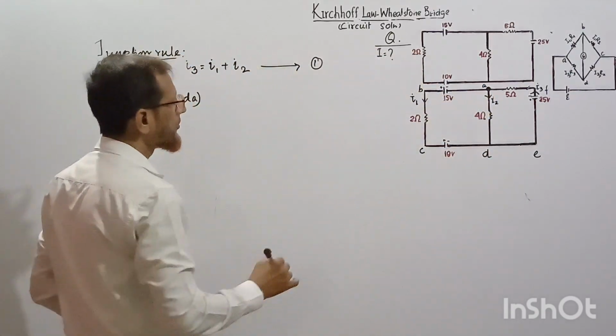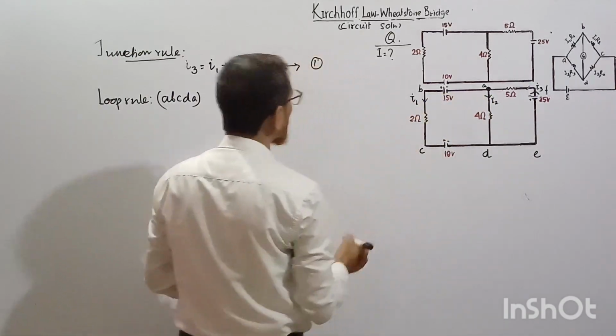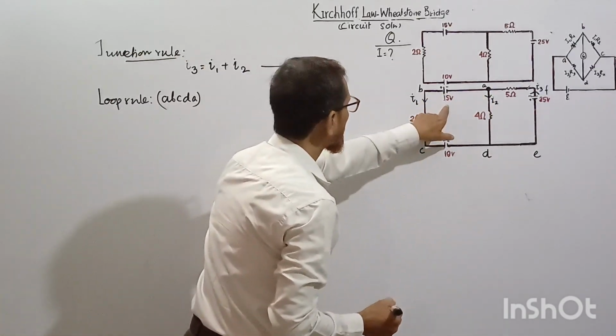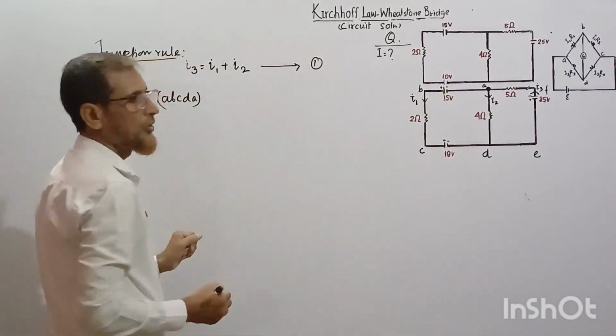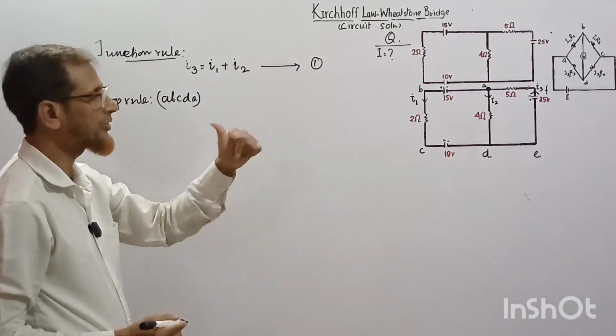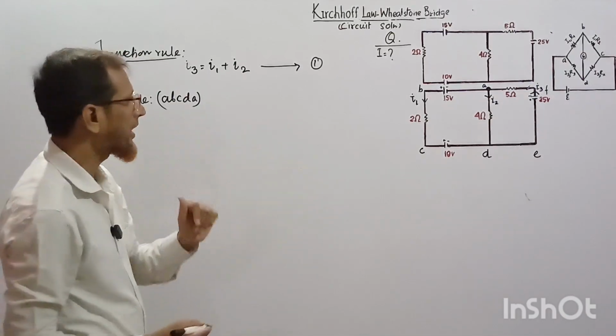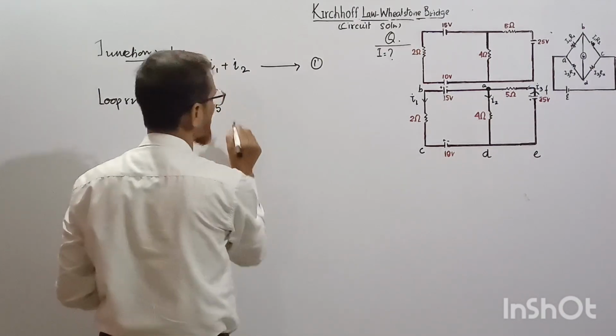So for the first loop we'll start passing current in this direction. Am I right? So in the cell the current enters from minus to plus, so we assume minus to plus means plus. It starts from minus to plus, the answer is plus, so you assume 15 is plus.